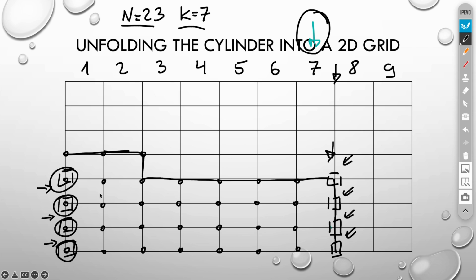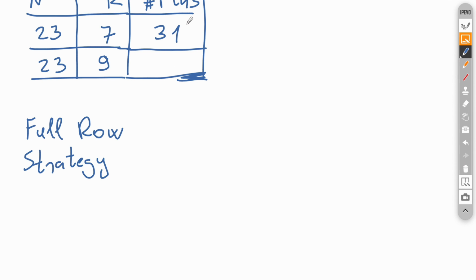This arrangement, or this strategy where we would just simply put papers row by row greedily until we hit the end and then continue on the next row, is what we are going to call a full row strategy. And for this full row strategy, we would need 31 pins for this example with 23 papers and k equals 7. We might think that we have just found a winning strategy.